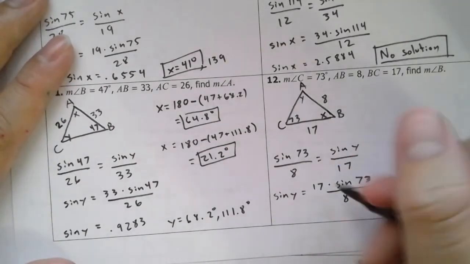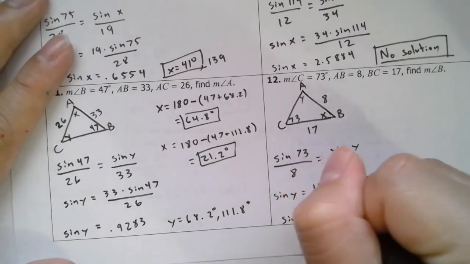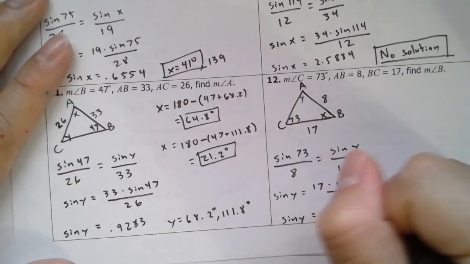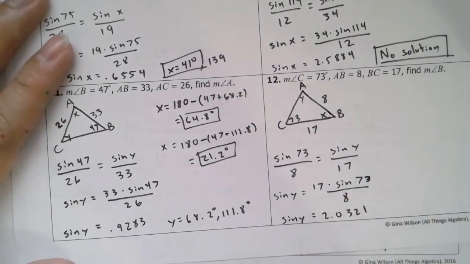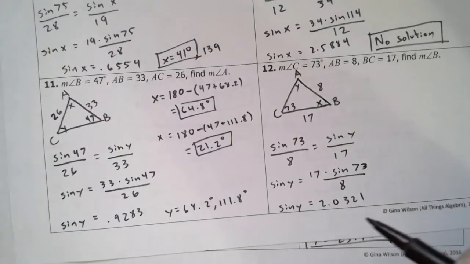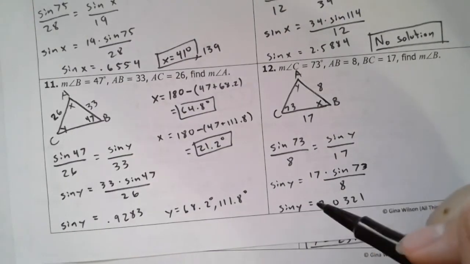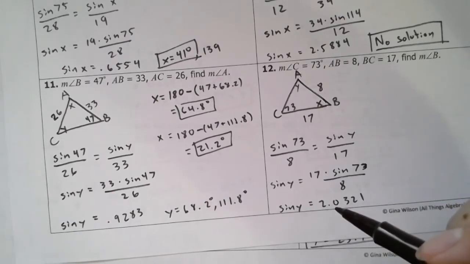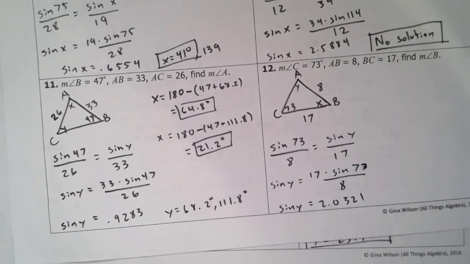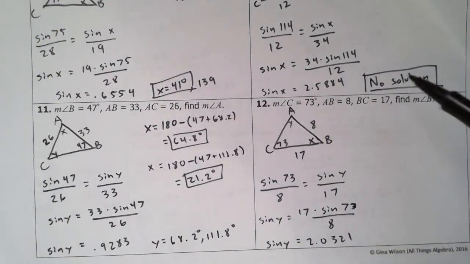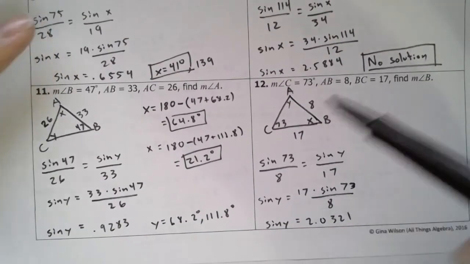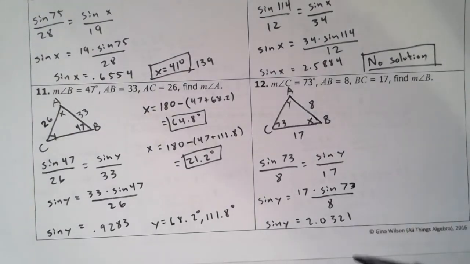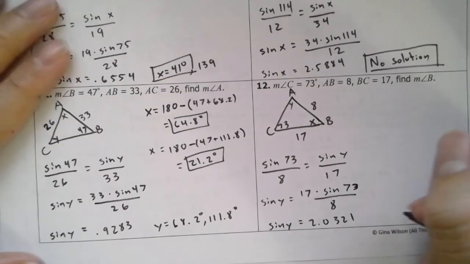And when you put this in your calculator, you're going to get the sine of Y is equal to 2.0321. So then there's a problem, right? Again, you can try to find the inverse here, but it's greater than 1. And that means just like this one up here, where it was 2.5, there was no solution. So the angle Y here has no possible angle measure either. It's not a possible triangle. So you stop right there. There's no solution.